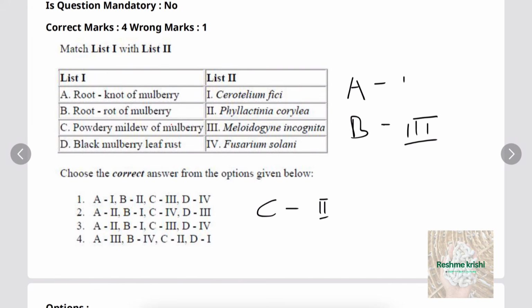Root knot is caused by this incognita. Sorry, this one is 3. What is caused by root rot? Root rot is Solani, 4. What is left out? A, B, C, D. Which is left out, that is the answer. So if we know one also, we can mark the answer.